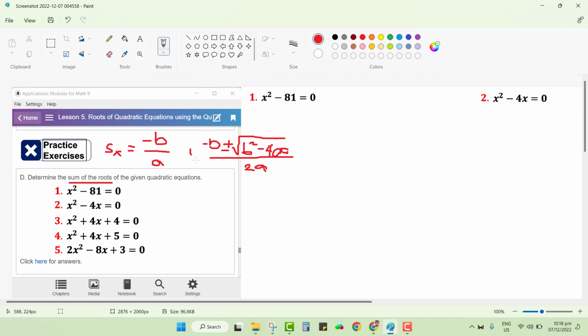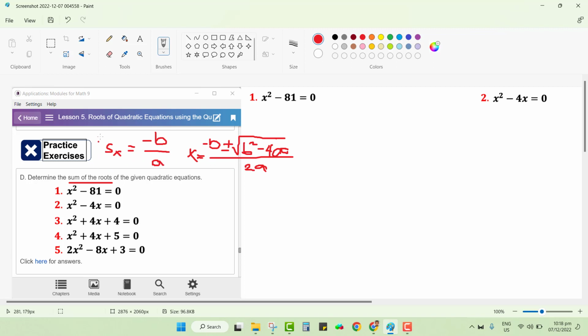Take note that this is the quadratic formula that will allow us to get the roots. But if we are going to add the two roots, the second term, which is the discriminant having plus, minus, or opposite signs, will be simplified to 0, and you will have negative 2b because you're adding two negatives, and then 2 will be divided to that. That's why you will get this formula.